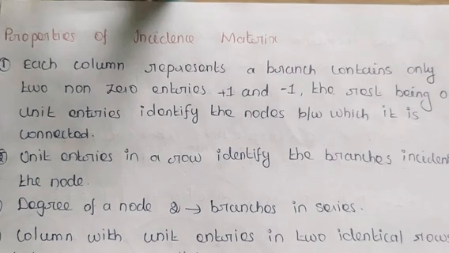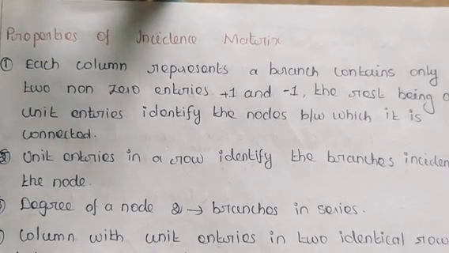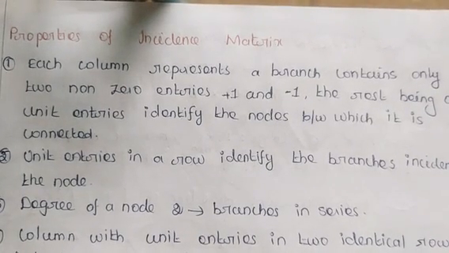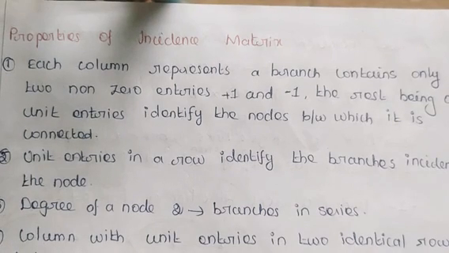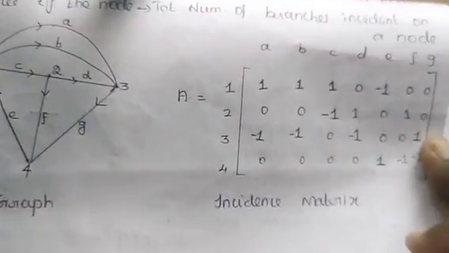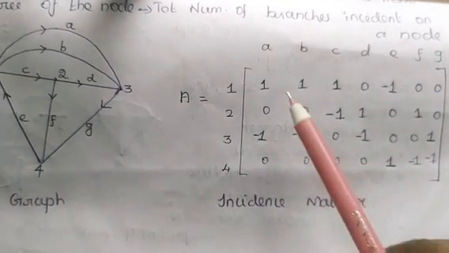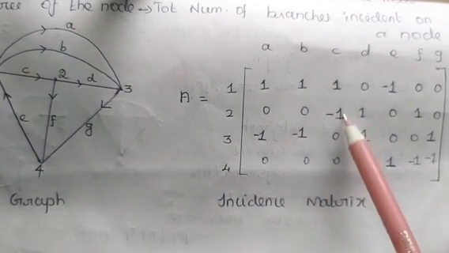Our incidence matrix possesses some properties. First property is that each column representing a branch contains only 2 non-zero entries, plus 1 and minus 1, the rest being 0. The unit entries identify the nodes between which it is connected. You can check here. In this incidence matrix, when you are looking at all the column elements, there are only 2 non-zero entries.